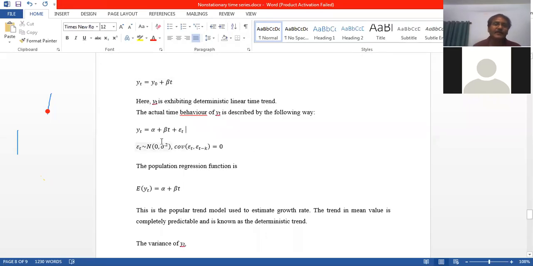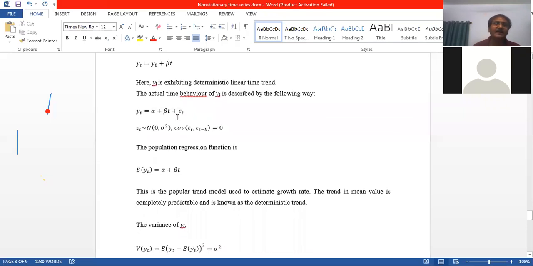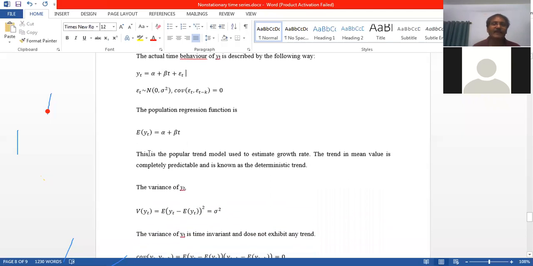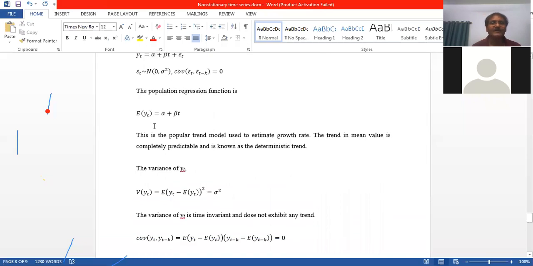Now, this is simply like a linear regression equation where yt is the regressand, t is a regressor, and epsilon t is a random component. If you take expectation on both sides, you have this kind of expression, and we call it a population regression function. So this population regression function is strictly a straight line.